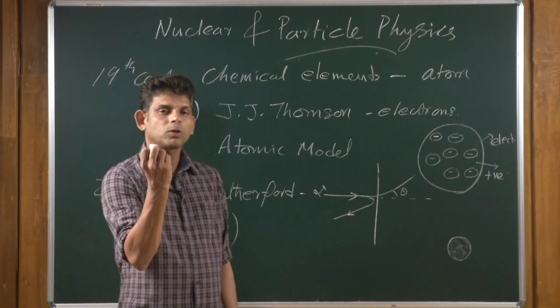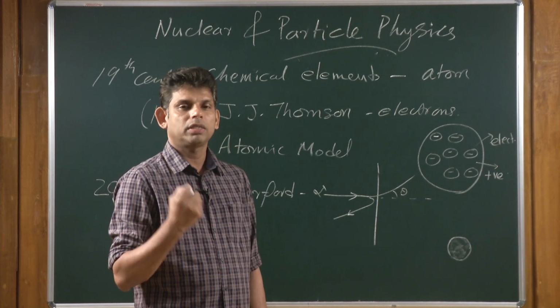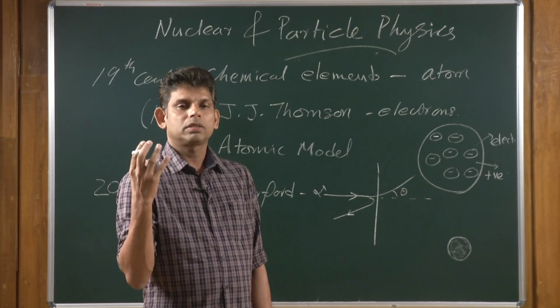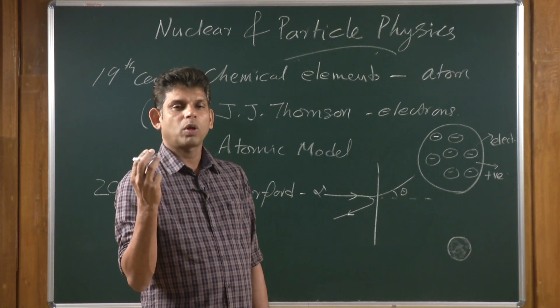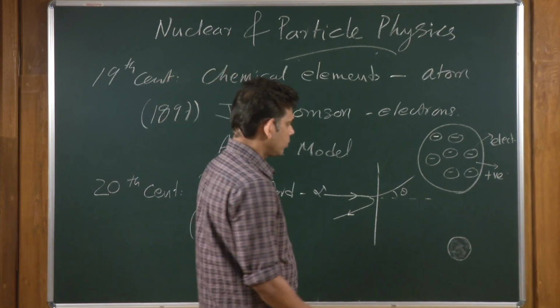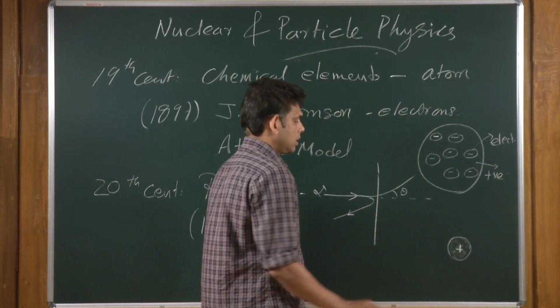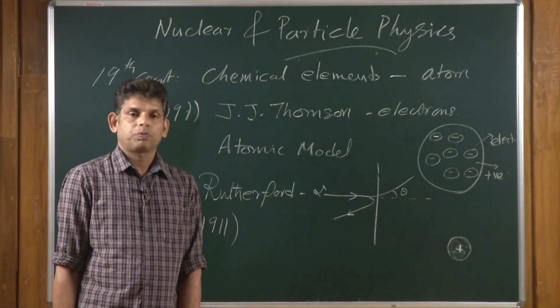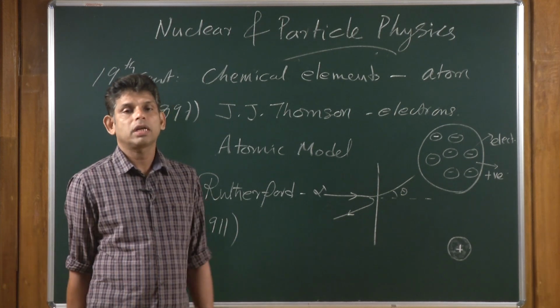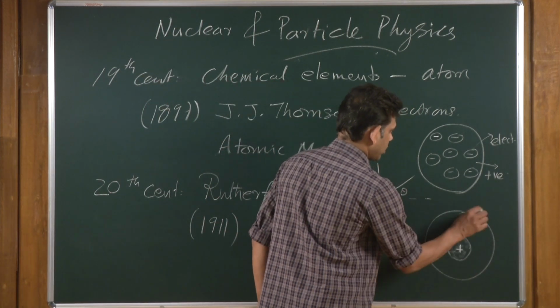So, the concentration or the density of the positive charge in that atom is very large in that small core. Outside there is no positive charge. So, you have a positively charged core, and he said electrons are not in that, they are moving around.